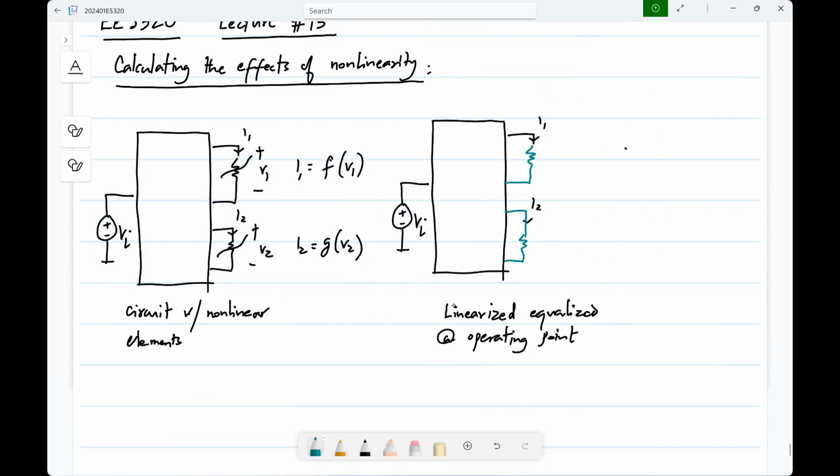Again, in general, it can be any number of terminals in the element. You just need to know their characteristics. And these conductances could be G1 and G2. Okay.